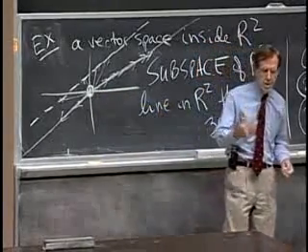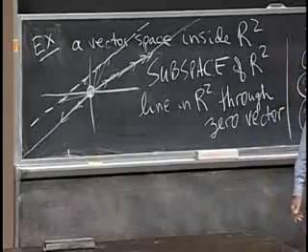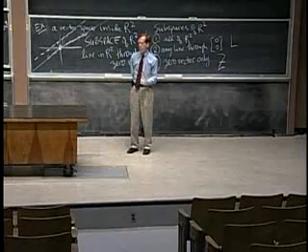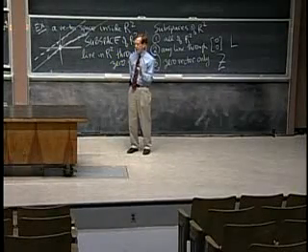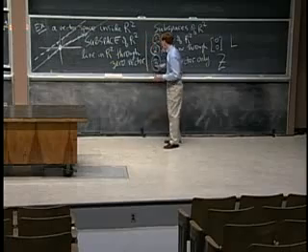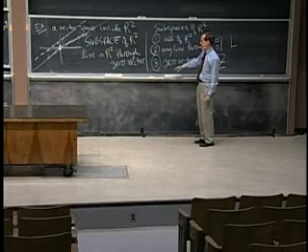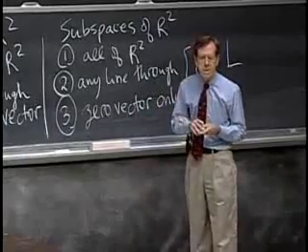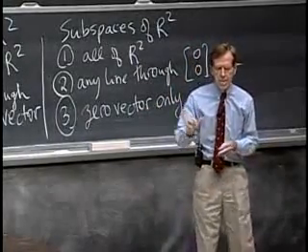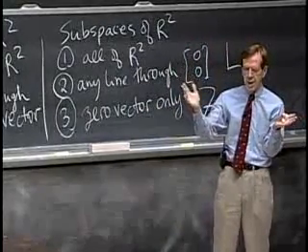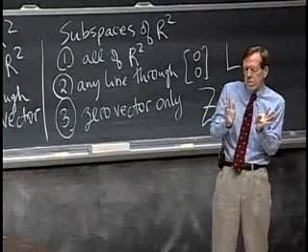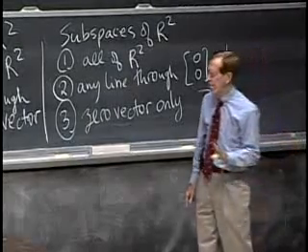So I've done the operations, adding and multiplying by numbers that are required, and I didn't go outside this 1-point space. So that's the littlest subspace. The largest subspace is the whole thing, and in between come whatever's in between.